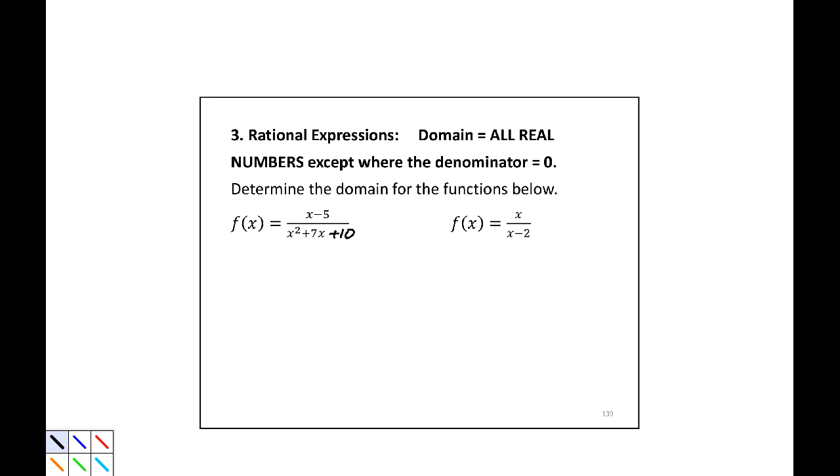What we need to do is work with the denominator. Set the denominator equal to 0. X squared plus 7x plus 10 equals 0. And we know from factoring and our quadratic section, this factors as x plus 2 times x plus 5 equals 0. And we can set each of these equal to 0.